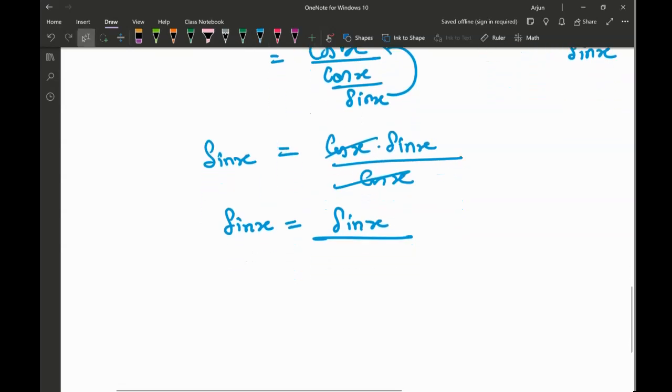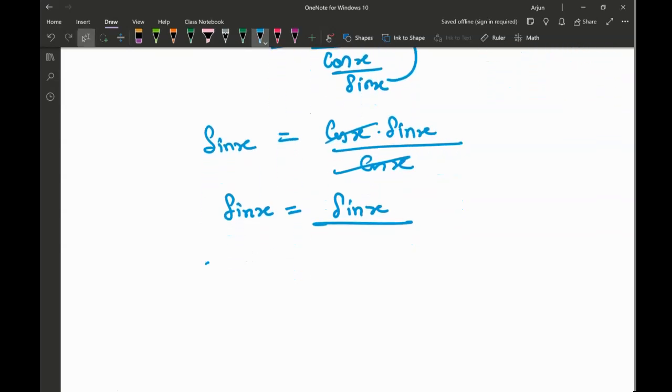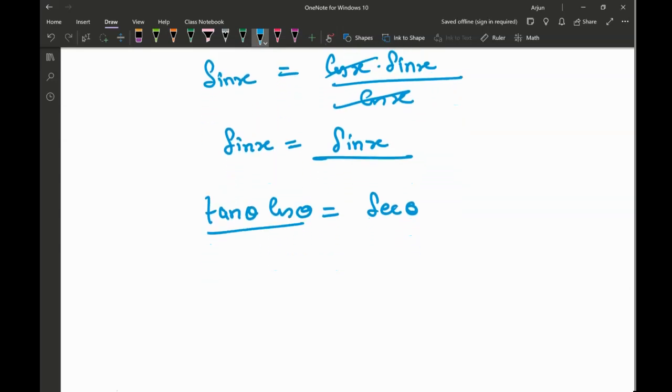Now the next question, I'm going to take another example. Tangent theta times cosecant theta is equal to secant theta. That's what I wanted to make it equal to. So now I'm going to take the left side because there are two terms and I can cancel out some of them.